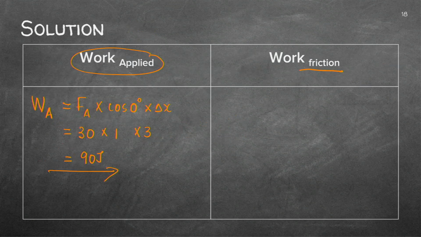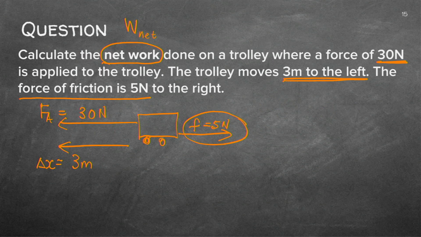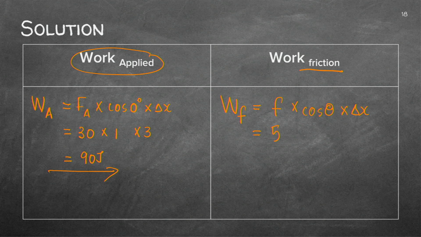Right, so we've got the work by the friction, work done by the friction. It's the frictional force times cos theta times delta X. The work is, let's go back, 5 Newton. The cos, guys, you have to remember, this trolley is moving that way. That was the delta x. But the frictional force was to the right.